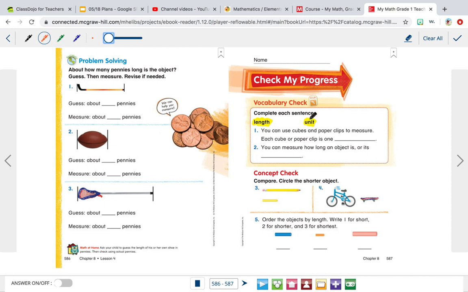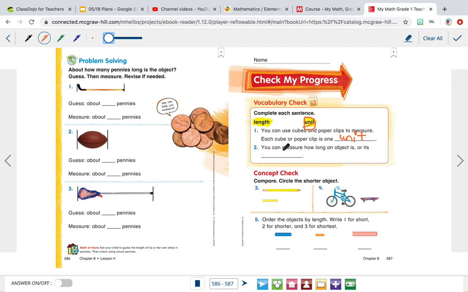We said each block was 1 unit because a unit means that it's one form of measurement. So it's measuring one thing. So we're going to say unit.